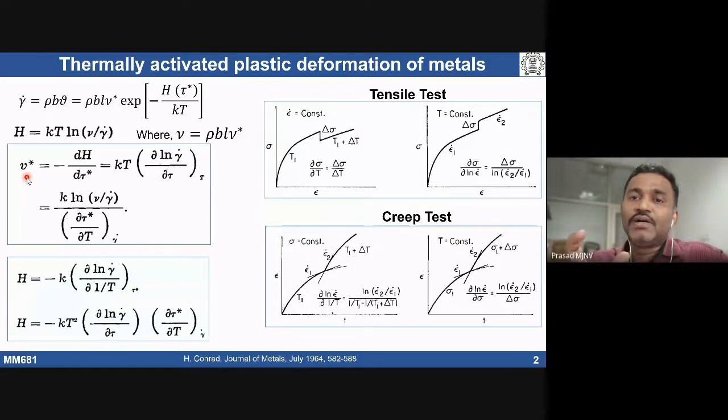When you multiply the Burgers vector, l star and d star, that gives the activation volume, which controls the plastic deformation of a material. I think we had this discussion.